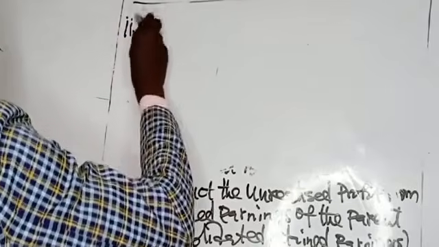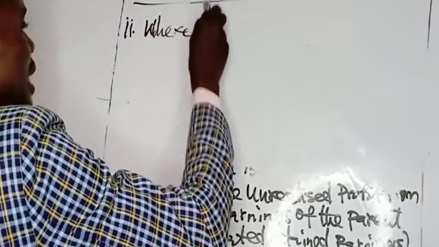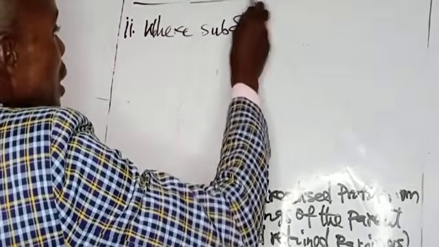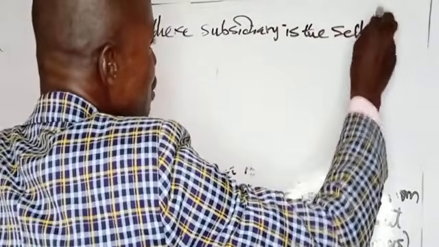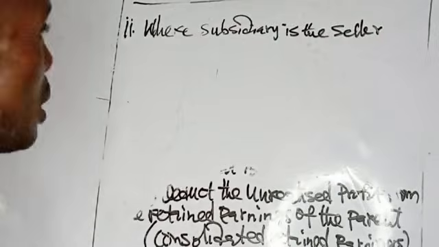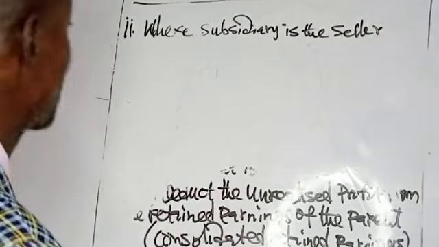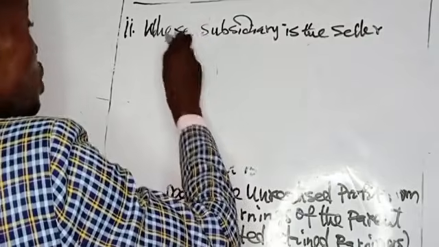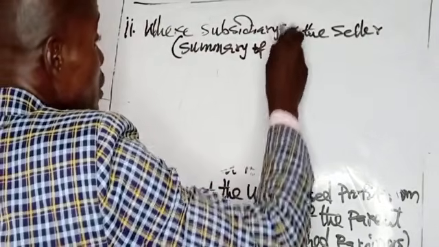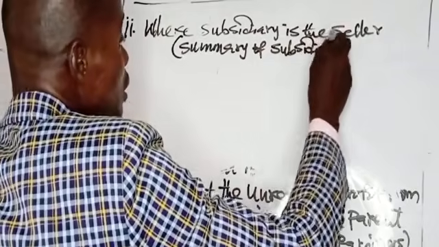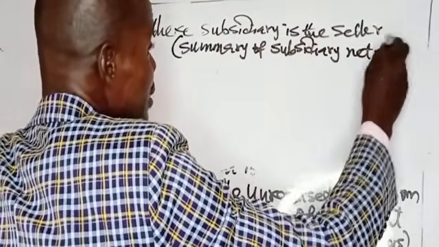Where subsidiary is the seller, then unrealized profit should appear in the summary of subsidiary net assets.